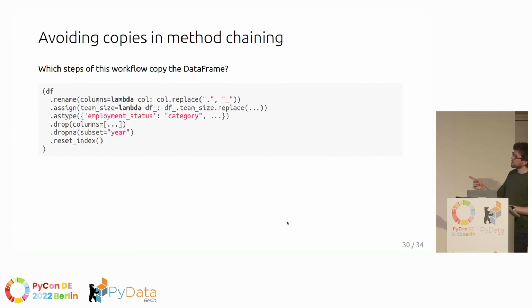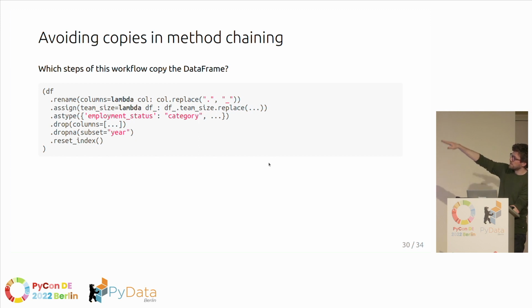The same applies for, so the copy on write I showed on the previous slide is for indexing, but we can use the same mechanism, if we implement it in Pandas, for all the method chaining. So all those steps where we're making a copy, we can use the same mechanism, and we don't need to copy the data in every step.